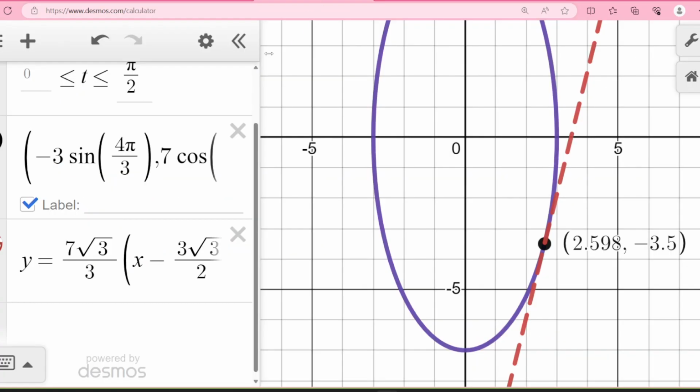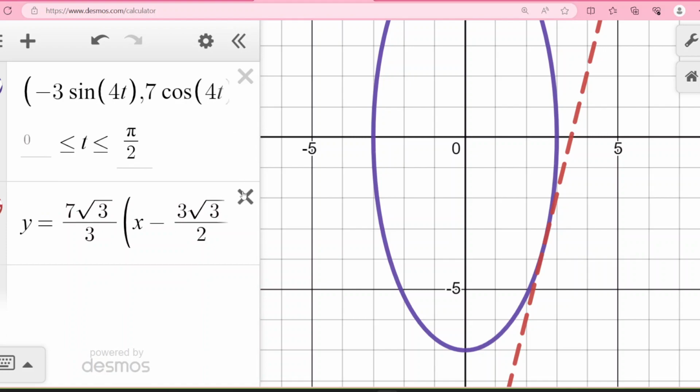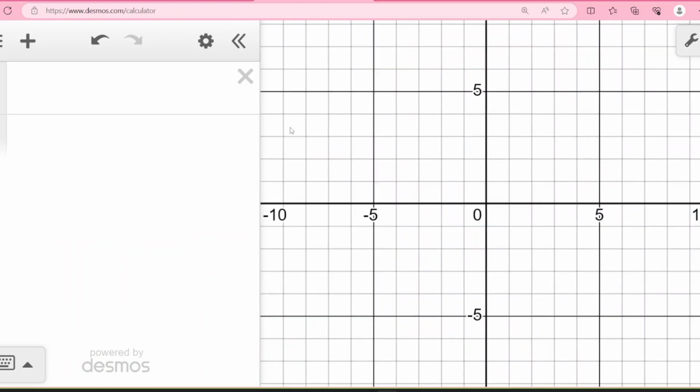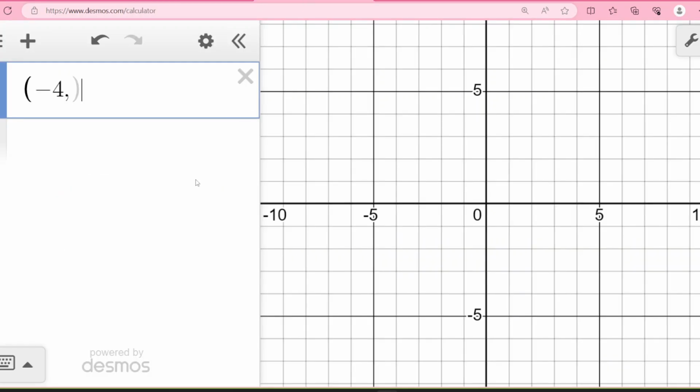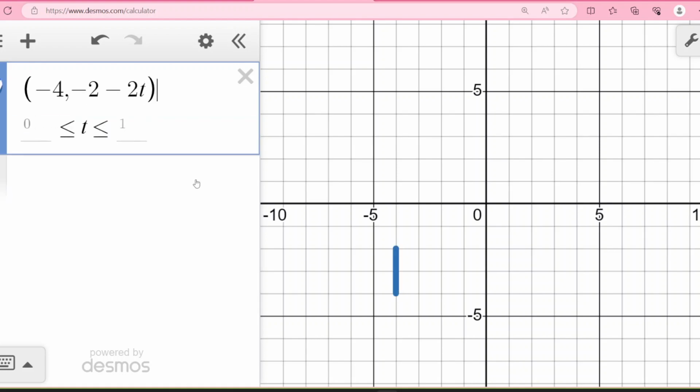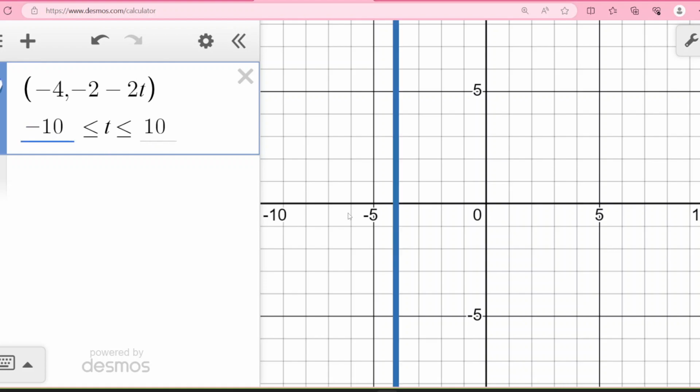I'll show you. Let's go here. Put in those parametric equations they gave us as an ordered pair. So the value of x is -4, and then the value of y, depending on t, was -2 minus 2t. And you see how no matter what t is here, whether it goes 0 to 10 or -10 to 10, the value of x is always -4.